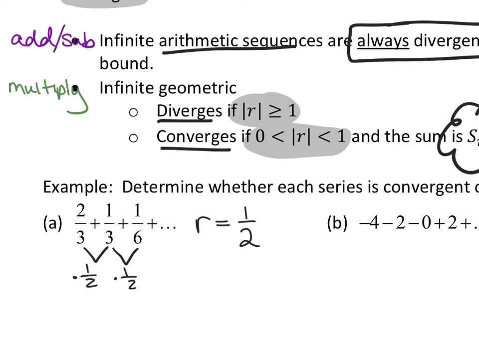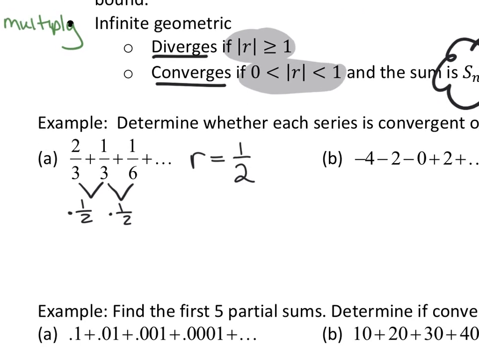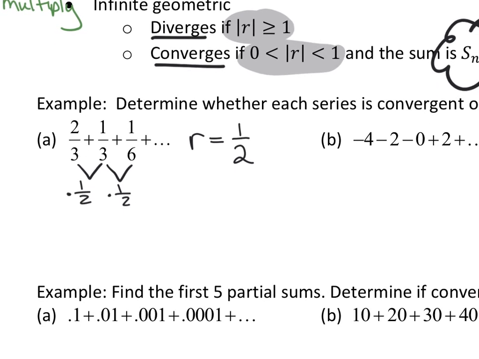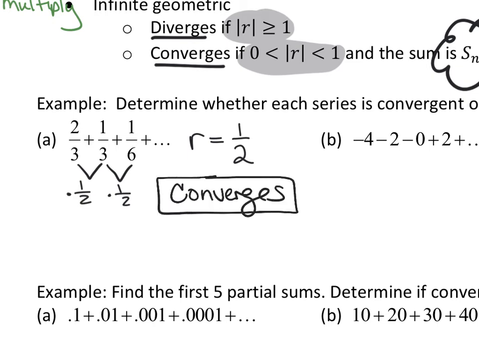So we are using a geometric, and if we're using geometric, we need to decide if that r value's absolute value is greater than 1 or in between 1 and 0. Well, that's pretty obvious. Is 1/2 bigger than 1 or in between 0 and 1? In between 0 and 1. So this converges. It's a convergent series.